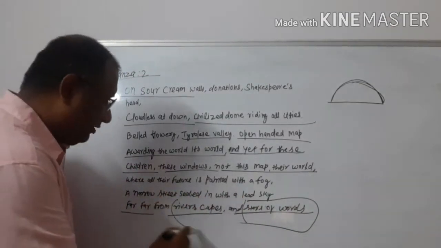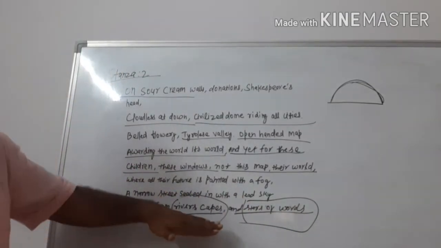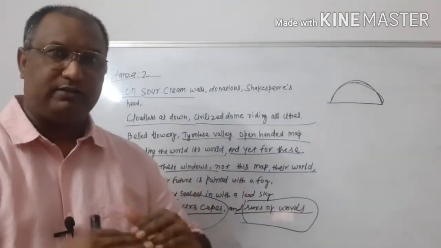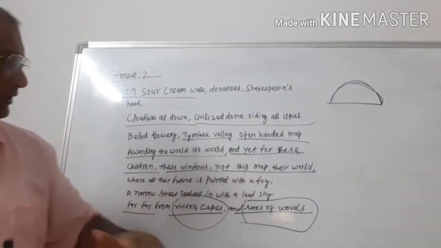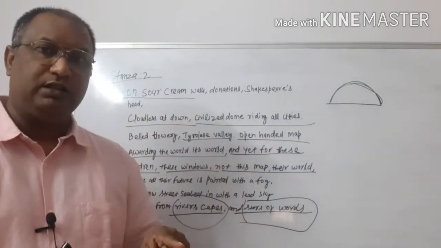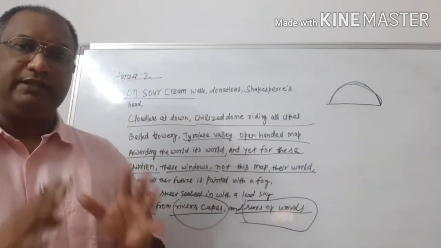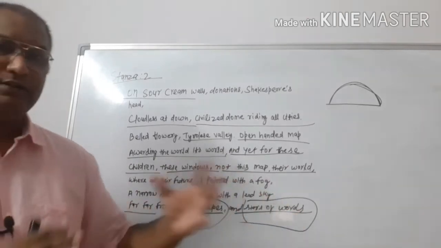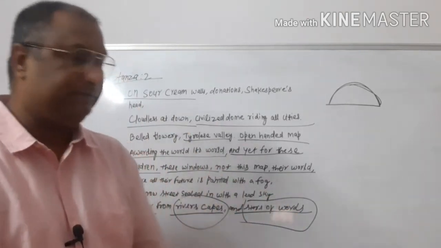And these two things also, rivers and capes, are natural things, geographical things. So their slum is far from these beautiful things of nature as well as the light of knowledge.